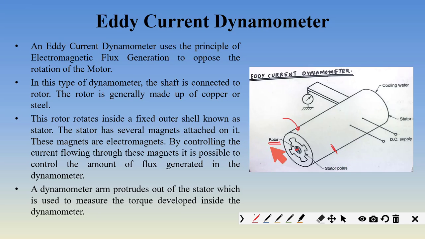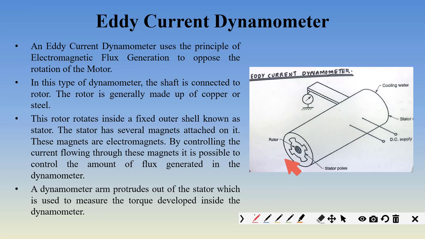Whatever is rotating is known as rotor and whatever is stationary is known as stator. The stator is made up of electromagnets. The rotor is made up of a conducting material, generally copper, and the stator is made up of temporary magnets.